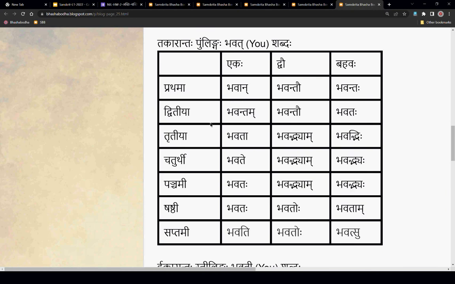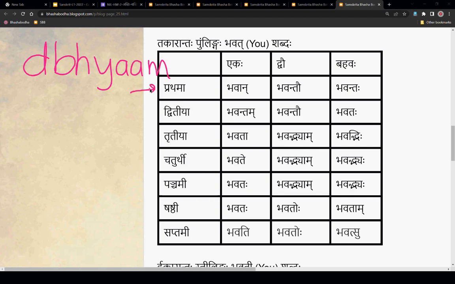Bhavan, Bhavantau, Bhavantah, Bhavantam, Bhavantau, Bhavatah, Bhavata, Bhavadbhyam, Bhavadbhih, Bhavate, Bhavadbhyah, Bhavatoh, Bhavatam, Bhavati, Bhavatsu.